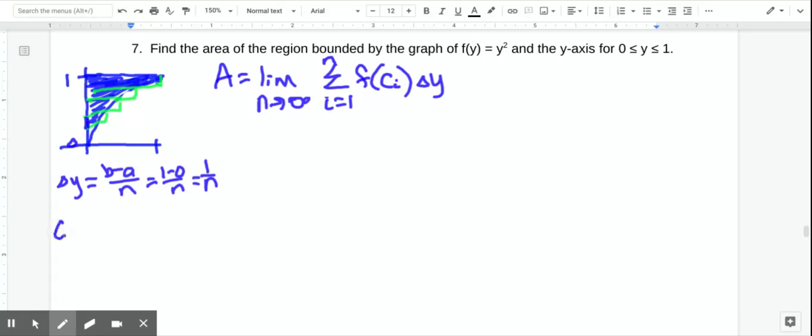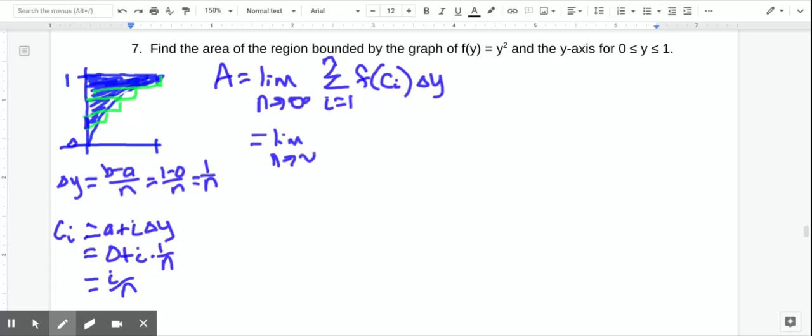And then we also need ci, which is going to be a plus i delta y. Remember before it was delta x. So a is 0. So we have 0 plus i, and we just found that delta y was 1 over n. So we get i over n. So we'll come over here and plug that stuff in. We're taking the limit as n approaches infinity of f of ci, which is i over n, and delta y is 1 over n.